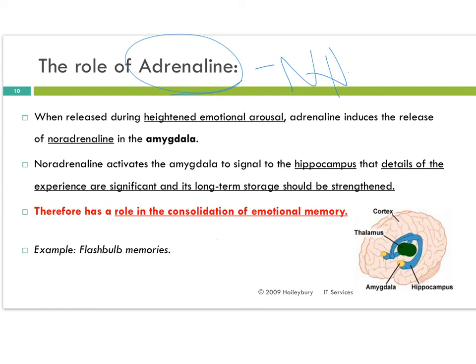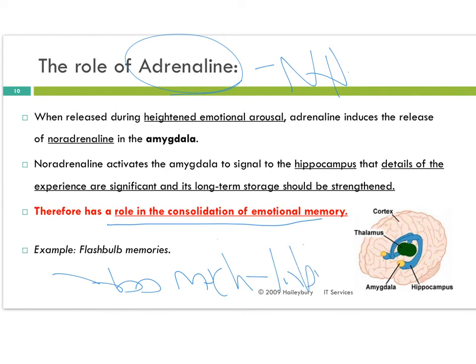Now, when we have those optimal amounts of adrenaline, this is when we have an increase in the consolidation of emotional memories. When we have too much adrenaline, this can actually inhibit our memory formation.